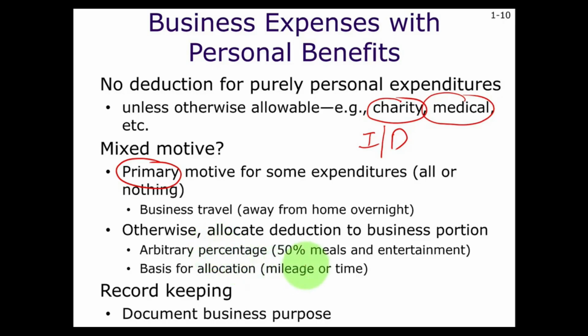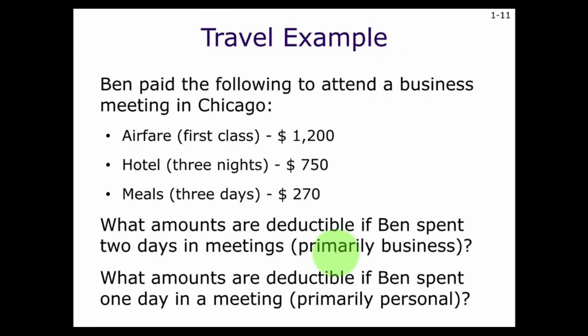And no matter what, if you have business meals, entertainment is eliminated under the Tax Cuts and Jobs Act. Half of the business meals are deductible. So let's take a look at an example where we have Ben again going to Chicago, and the airfare is $1,200.